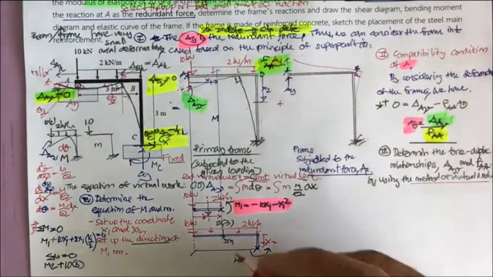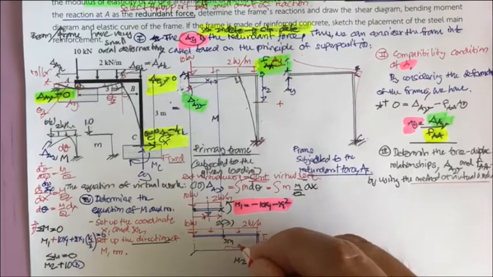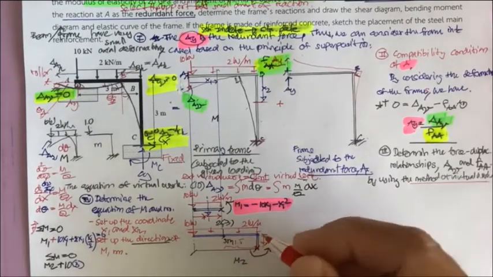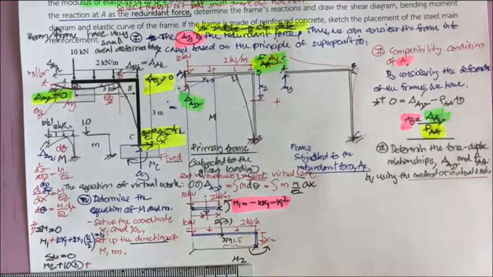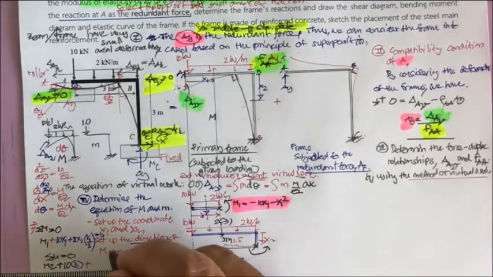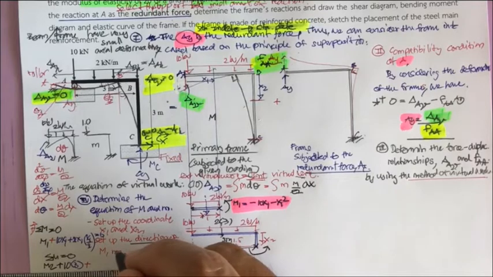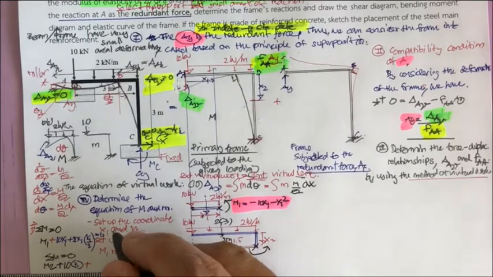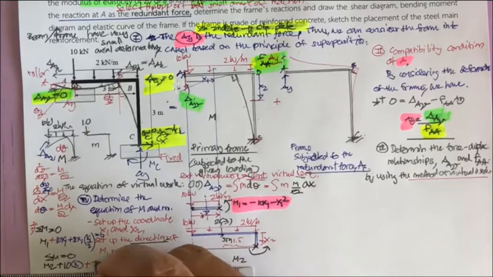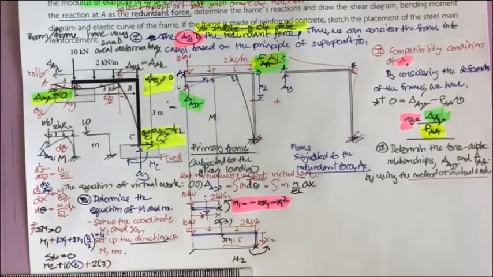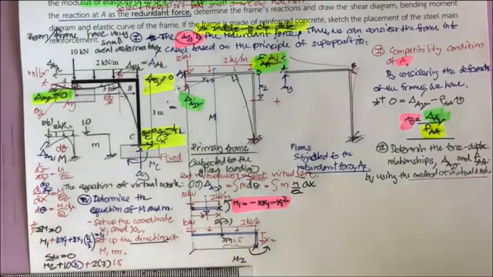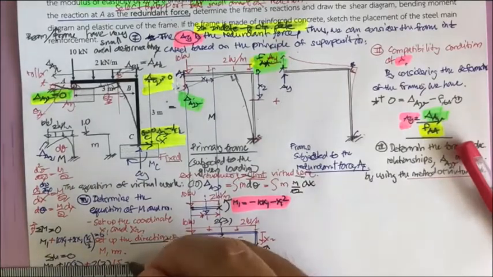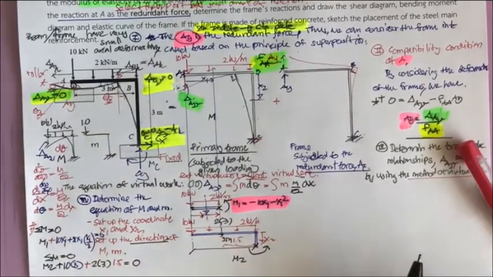And over here, from here to here, is going to be 1.5. So you plus this one of 2 times 3. 2 times 3 is going to be 6. Okay, and times 1.5. And this is going to be equal to 0.